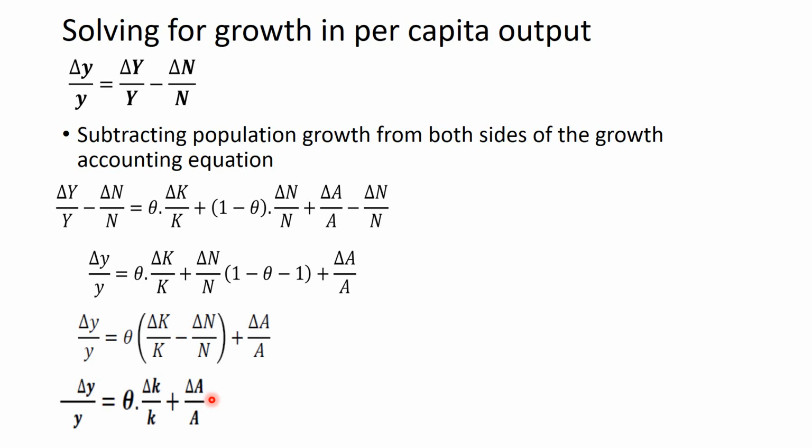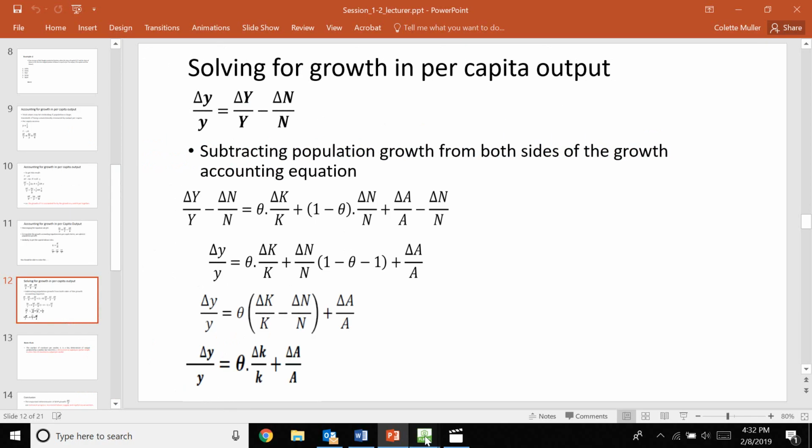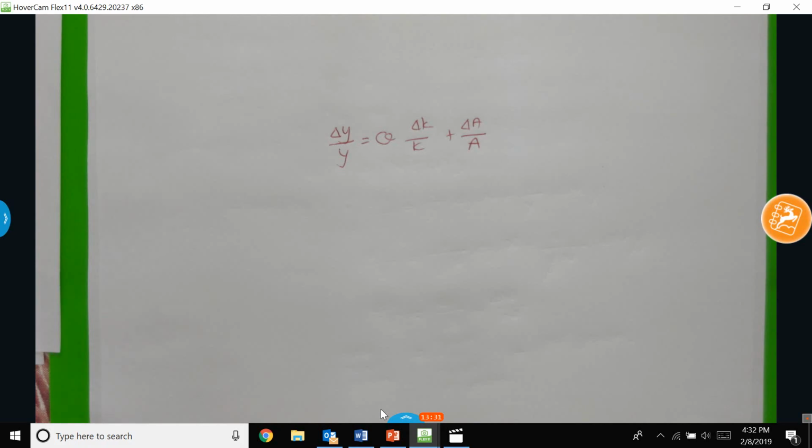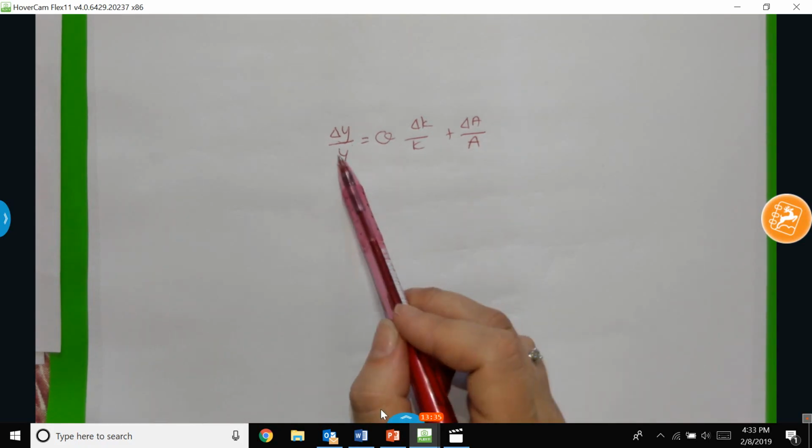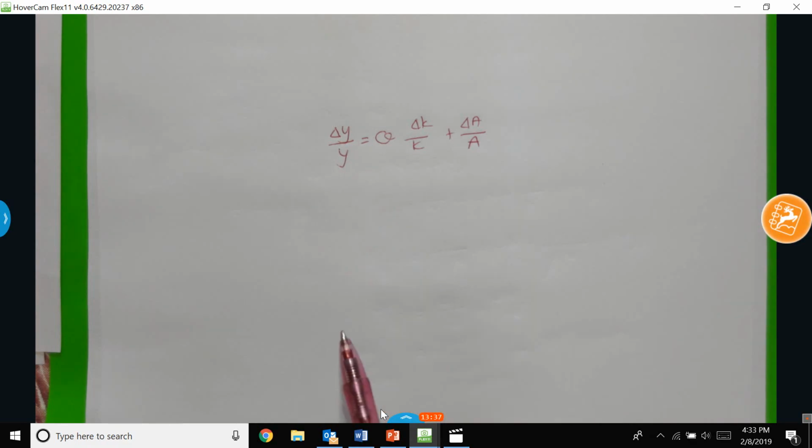Okay, so I just get out of this and go here. All right, this is now our equation, our growth accounting equation, but for per capita output growth.